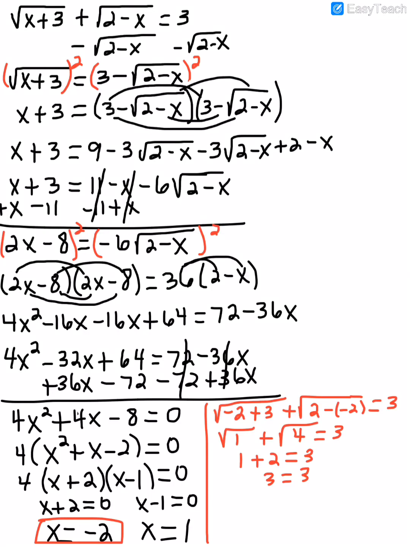Now let's check 1. Let's see if 1 will work in the equation. If I plug in 1 plus 3, plus 2 minus 1, I get the square root of 4 and the square root of 1.